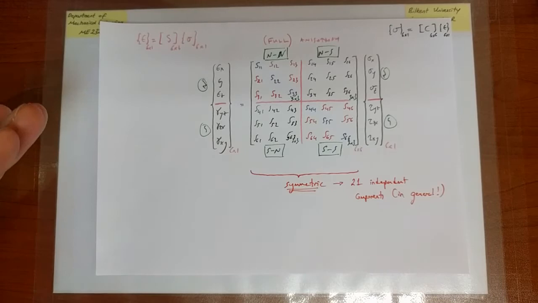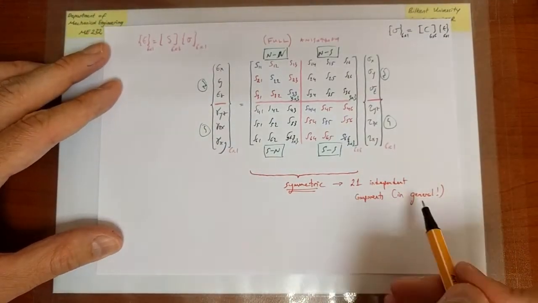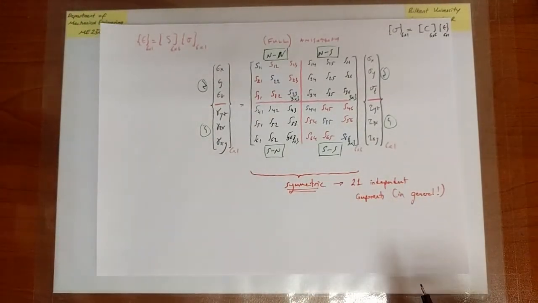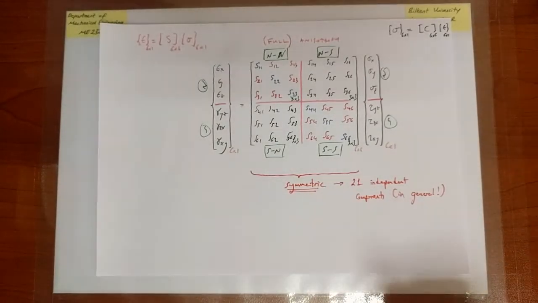Or I give you only 9 and I tell you that it's of this special form of anisotropy and you know exactly what its structure is. Just like I give you only 2 and I tell you it's isotropic, you know the full structure of the compliance matrix. But in general, if I don't tell you anything, I need to provide you with 21 independent components, which is sort of cumbersome, but that's the way it is.